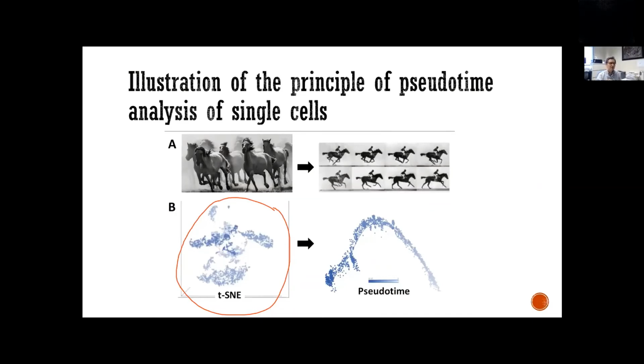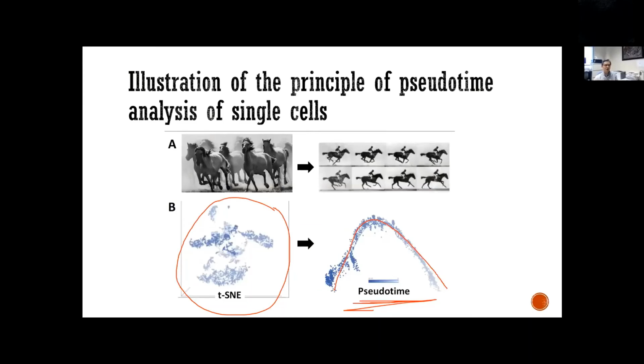However, you can align the cells by their similarity to form a pseudo-time. Then you can use this pseudo-time as a covariate to study the change of a particular gene or group of genes' expression, following the trend of increasing pseudo-time.